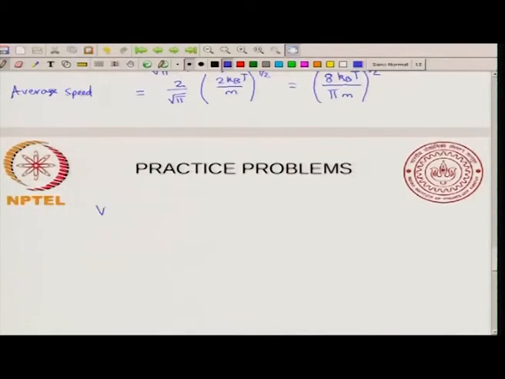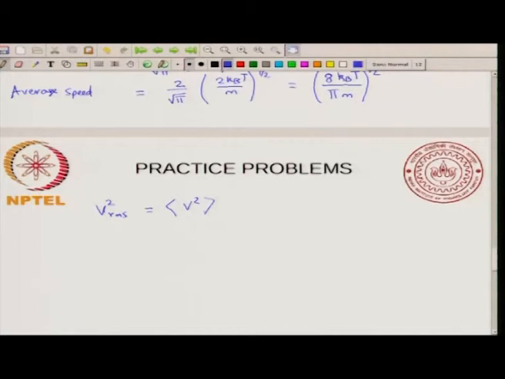So, the v root mean square is defined as follows: the v root mean square squared is the average of v square. So, you take the average of v square, then you take the square root of that to get v root mean square.